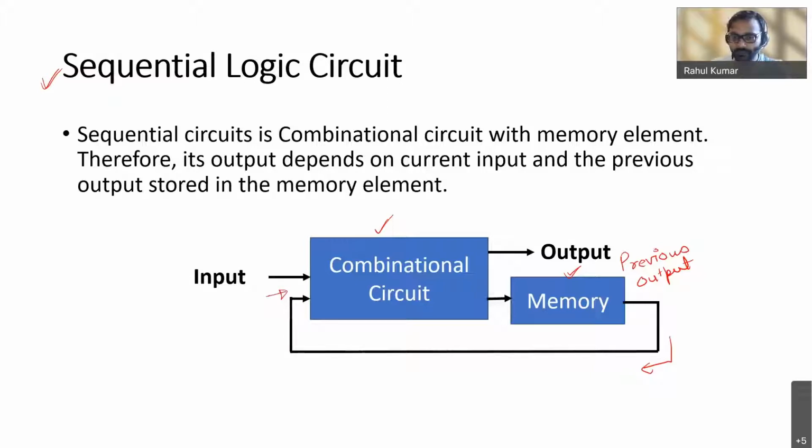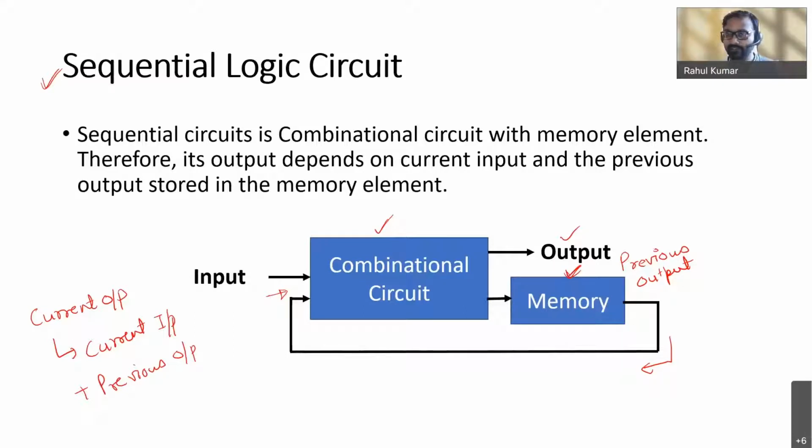So in the case of a sequential logic circuit, the current output will depend on the current input plus the status of your memory, or your previous output. That is the slight difference between a combinational circuit and a sequential circuit.